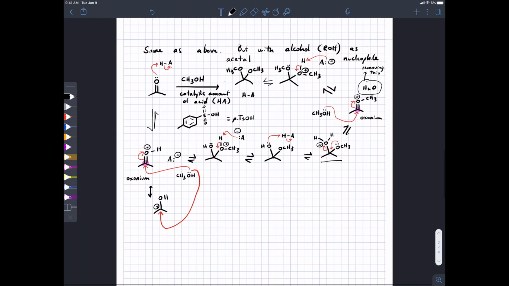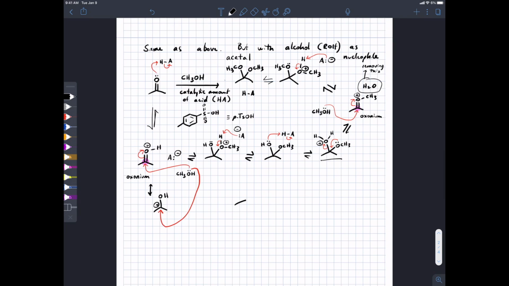So that's kind of a mess, but overall, when you see a carbonyl compound, say in this case an aldehyde, and an alcohol, and a catalytic acid like para-toluenesulfonic acid, the product that you should draw is the acetal.